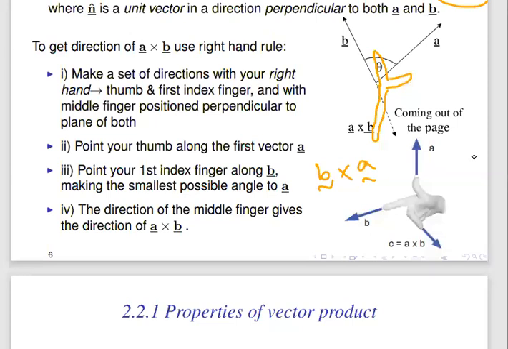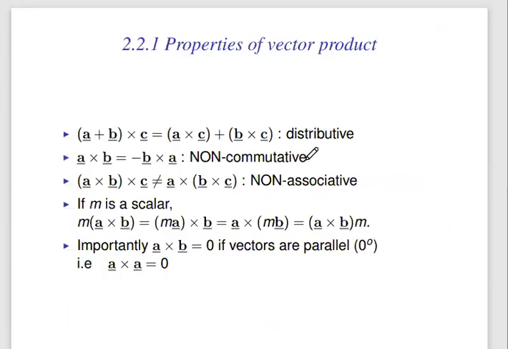This time you have to point your thumb along vector B and your index finger along vector A, and then the middle finger gives you the direction. The direction is reversed, opposite to the direction of A cross B. So that's why the commutative property does not hold. It is not commutative.